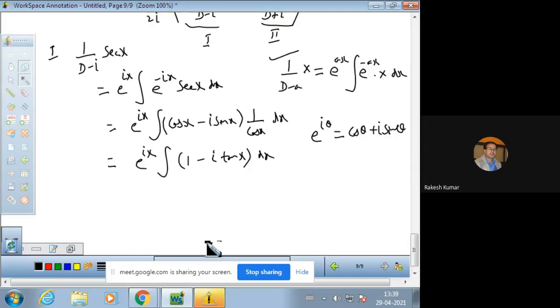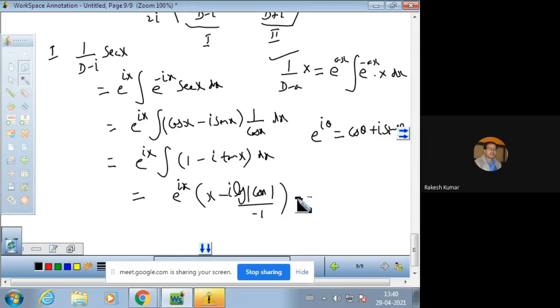Now you can integrate it, and after integration you will have e raised to power iota x, and the integration of 1 is x, minus iota times the integration of tangent, which is log of cos x over minus 1, because a negative sign is required.